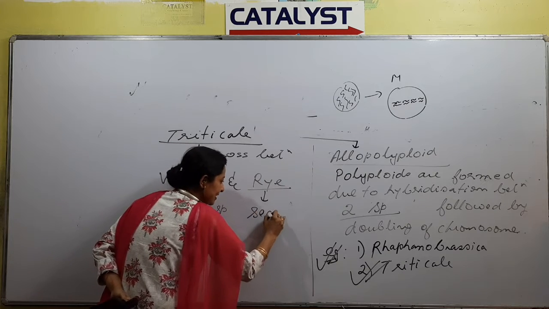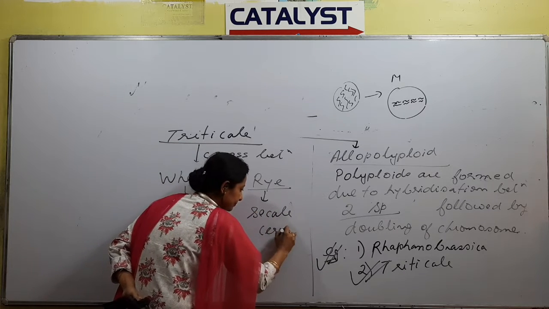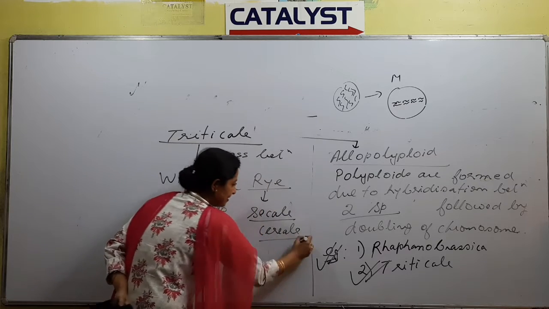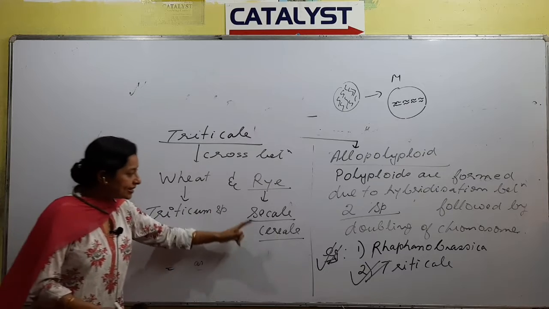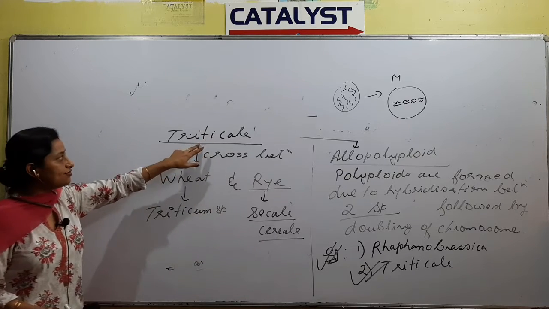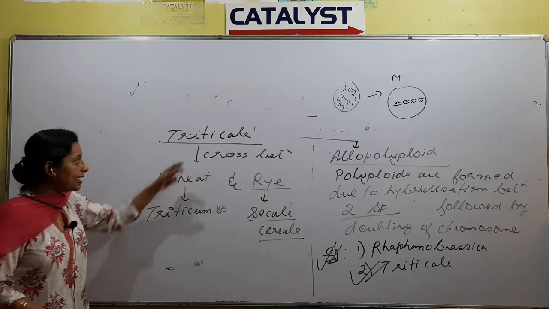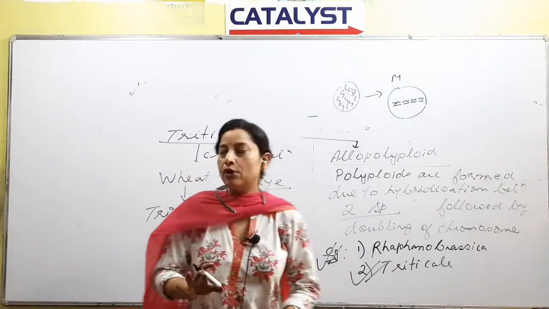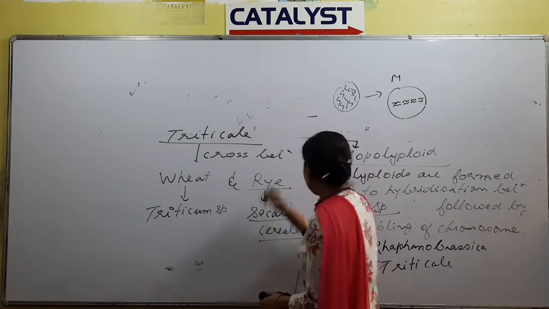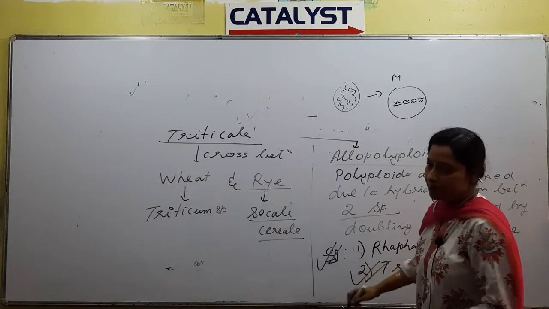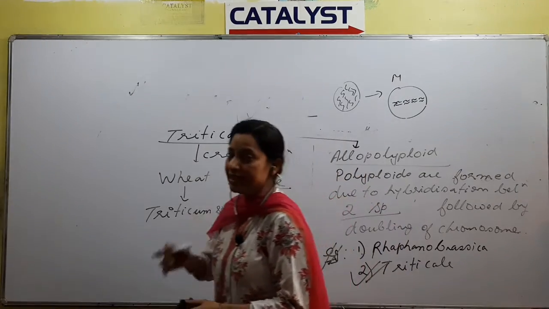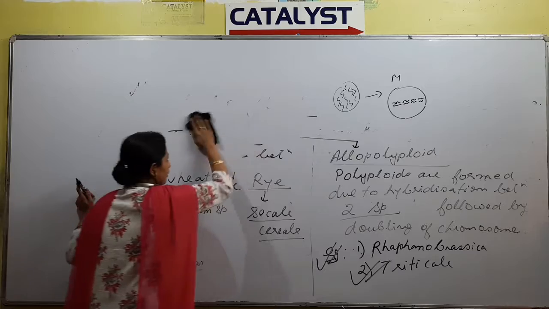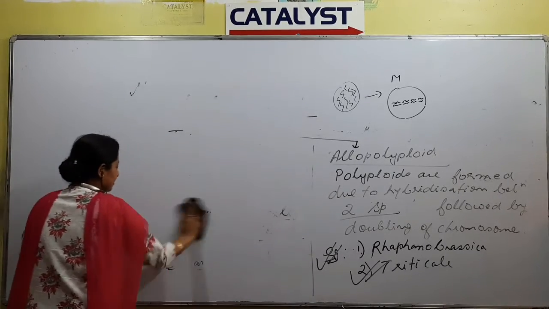It is Secale cereale, right? So we cross Triticum and Secale cereale and get Triticale. So Triti has come from Triticum and cale has come from Secale cereale, right? So this is important from the examination point of view. Keep this in mind. The two examples, one is Brassica and the other is Triticale, right? Next, there are a few more important points about polyploidy.